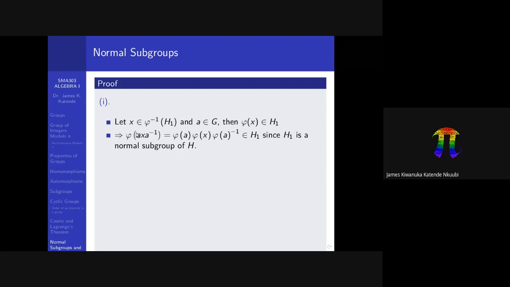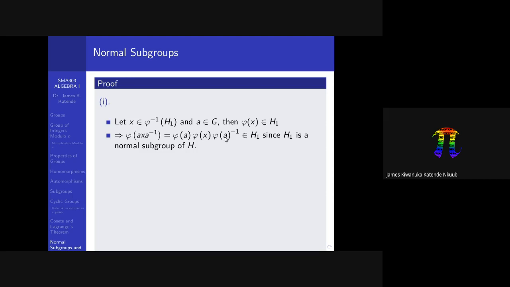So we want to check what is the image of A X A inverse, where X is some element from the preimage of H1 and A is an arbitrary element from the group G. So using the fact that phi is a homomorphism, we can split this into three.